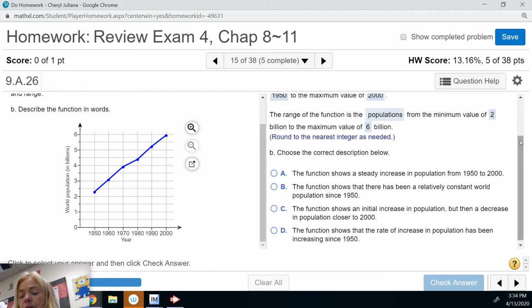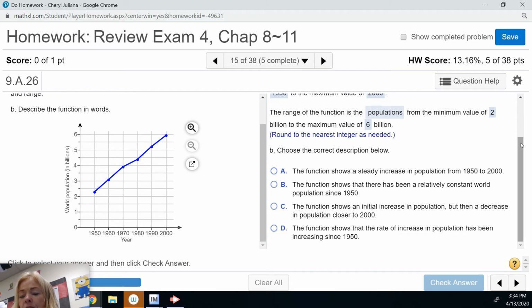And then choose the correct description below. A: The function shows a steady increase in population from 1950 to 2000. B: The function shows that there has been a relatively constant world population since 1950. C: The function shows an initial increase in the population, but then a decrease. Well, the last two are definitely out. And then D: the function shows the rate of increase in population has been increasing since 1950.